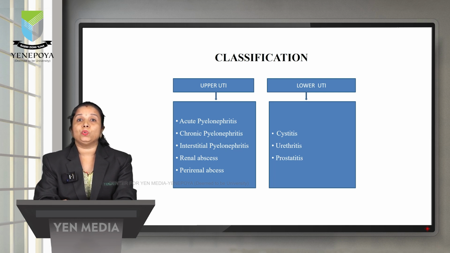And the lower urinary tract infection involves cystitis, that is nothing but inflammation of the urinary bladder, urethritis, and the inflammation of the prostate, that is termed as prostatitis.